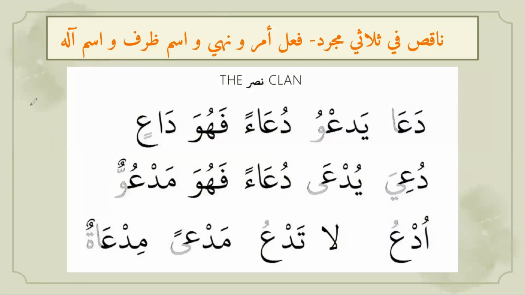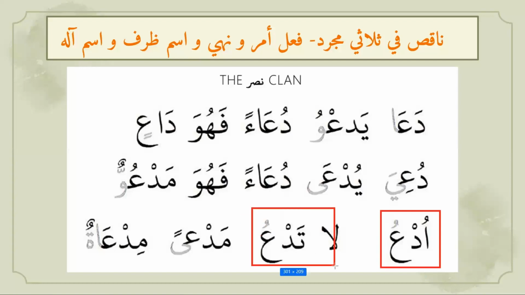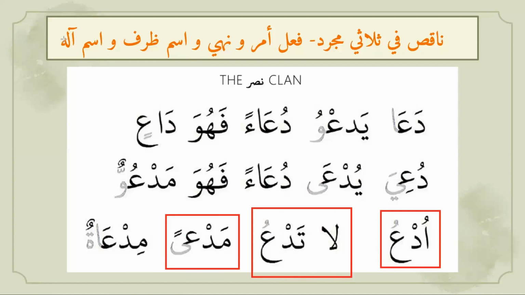The third line of Sarf Sagheer is, as you already know, the commanding form, the forbidding form, the ism zarf, the ism of time and place, and the ism ala, the ism for tool.